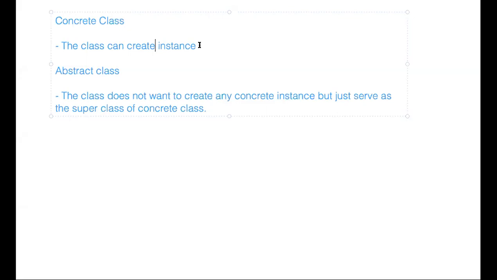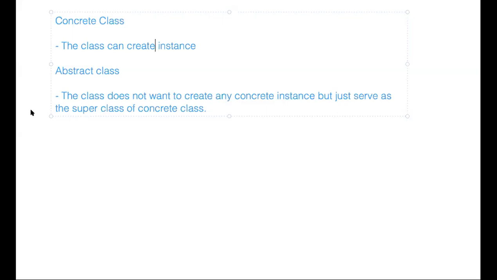An abstract class does not want to create any concrete instance, but just serves as the superclass of some concrete class. So an abstract class should be inherited by at least one concrete class. Of course, an abstract class can be a superclass of another abstract class, but when you go through this chain, the bottom one will be a concrete class.